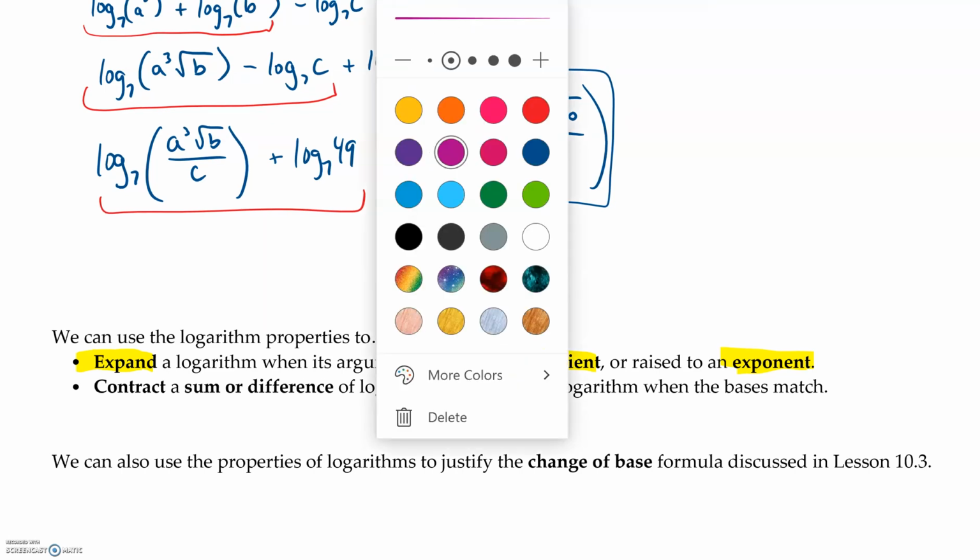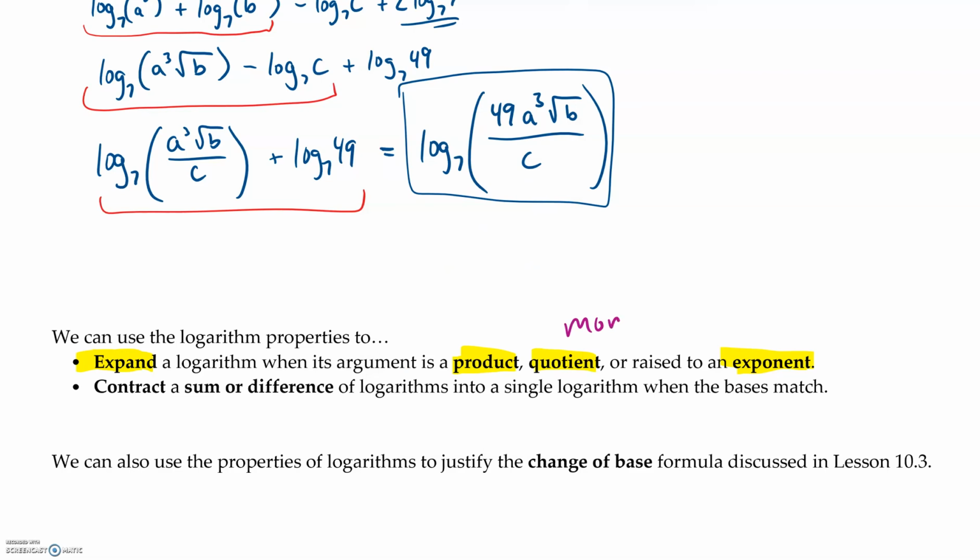If the argument is a monomial, we can expand it. And the second thing we can do is we can contract if we have a sum or a difference of logarithms, we can contract them into a single logarithm as long as the bases match, right? So if the bases of the logarithms match.